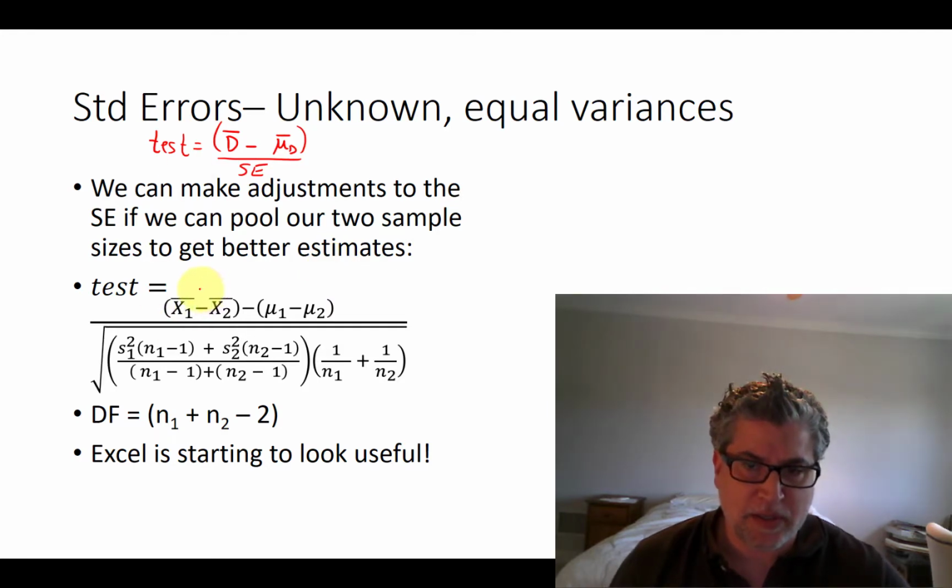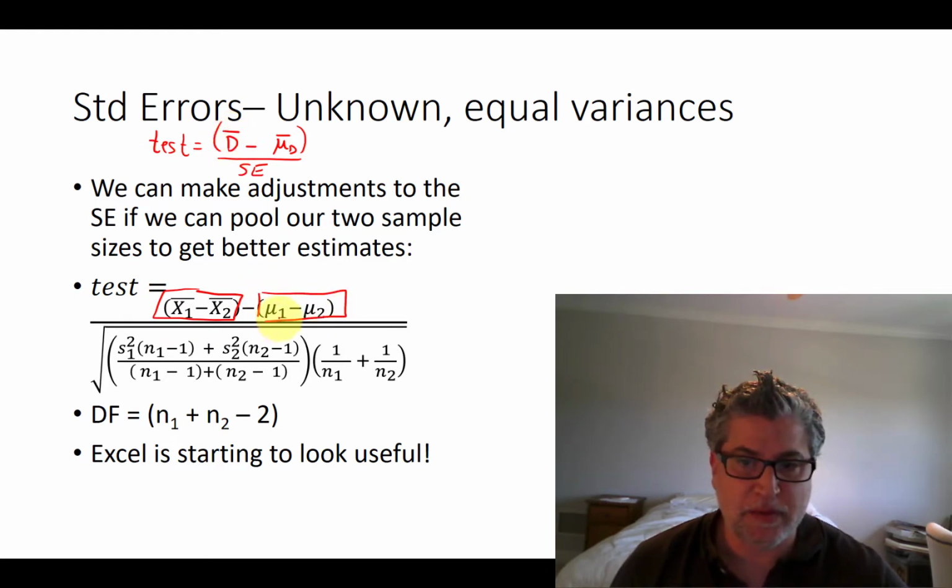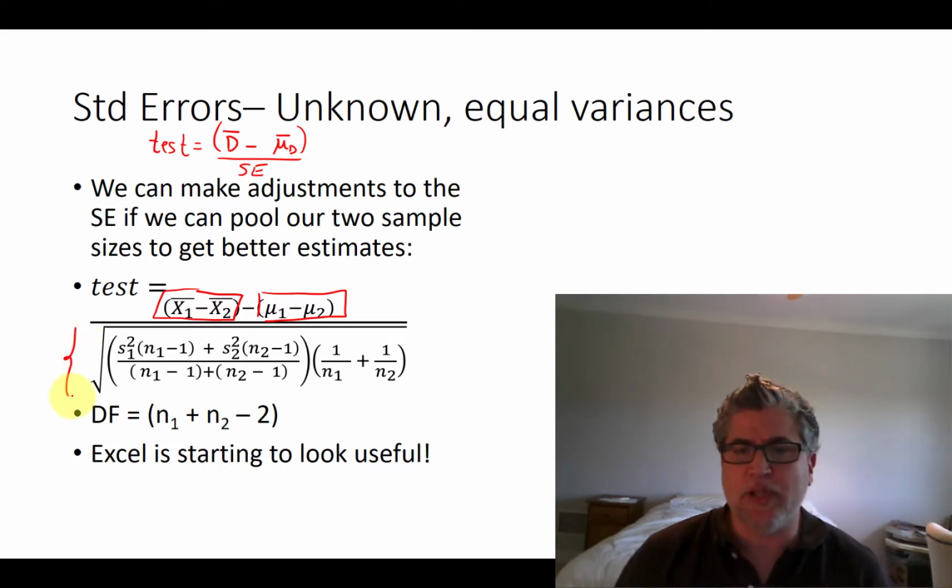Now this is our observed difference. That's the average difference from our data, minus what we believe to be the hypothesized difference from the averages of those two groups.